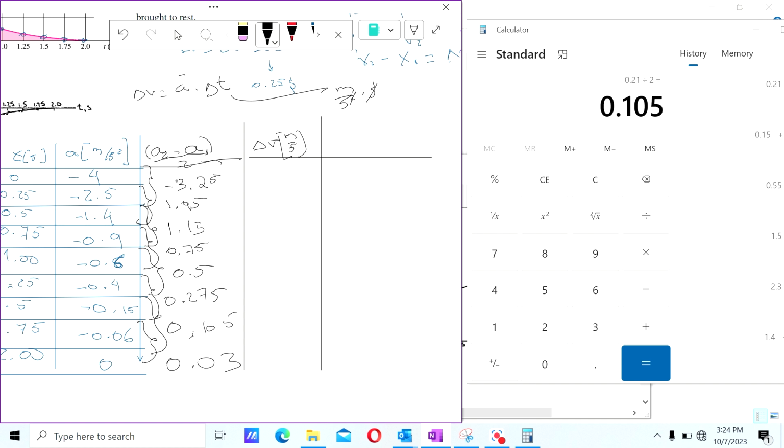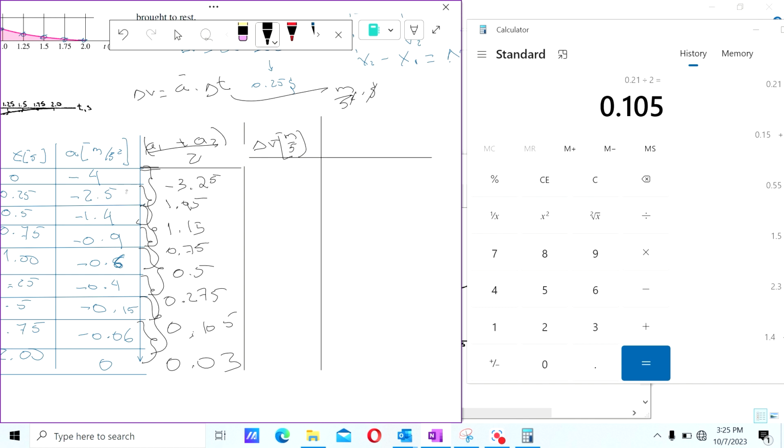All right. Okay. Let me fix this a little in case you just want to look at the file later on. Okay, so this is A1 plus A2 divided by 2.